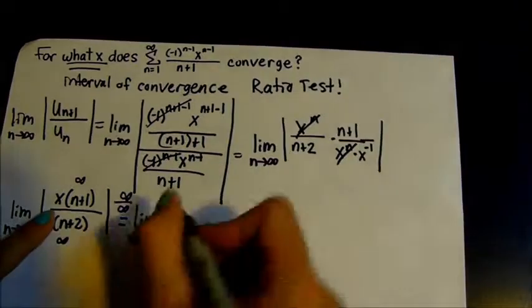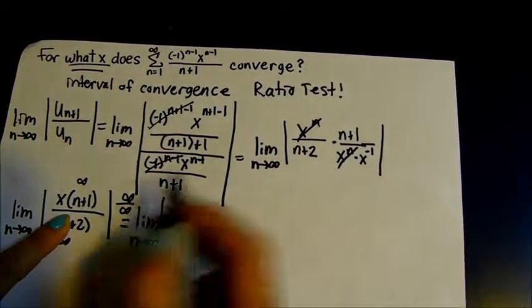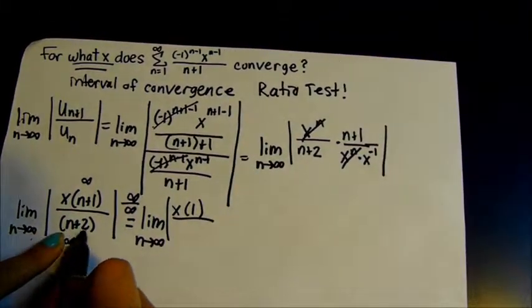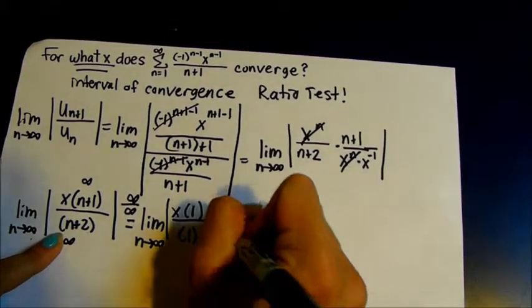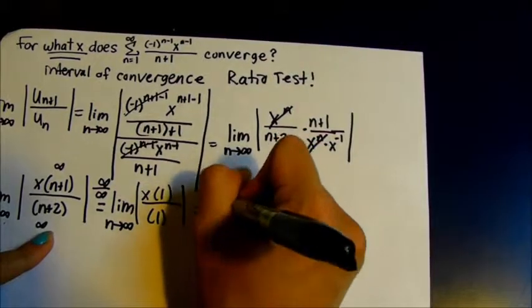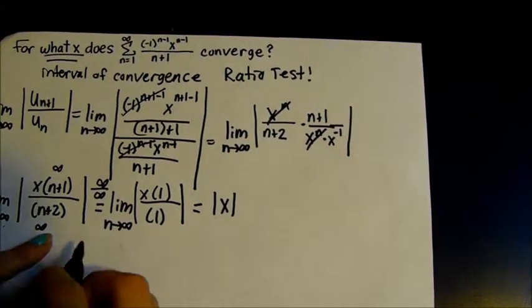So here you get x times the derivative of n plus 1, which is just 1, all over the derivative of n plus 2, which is also 1. So what you get here, because there's no more n's left, your limit is equal to the absolute value of x.